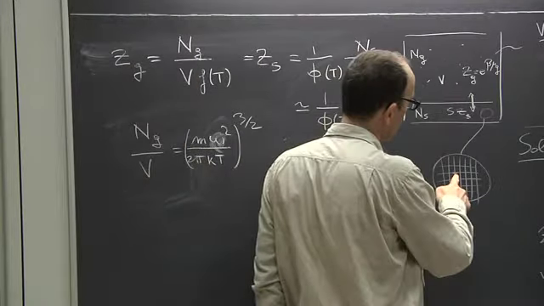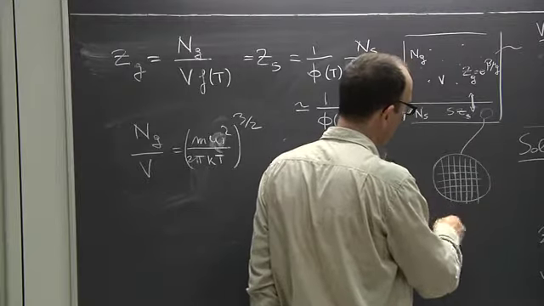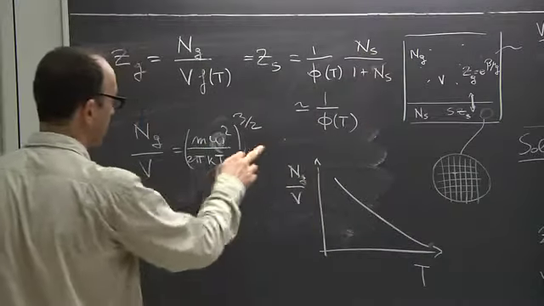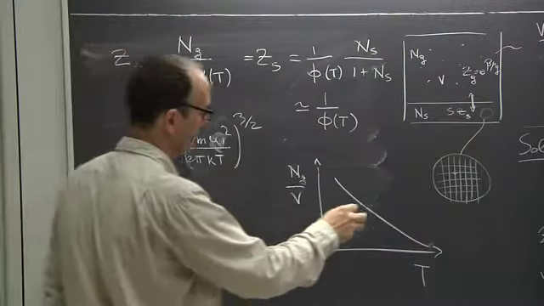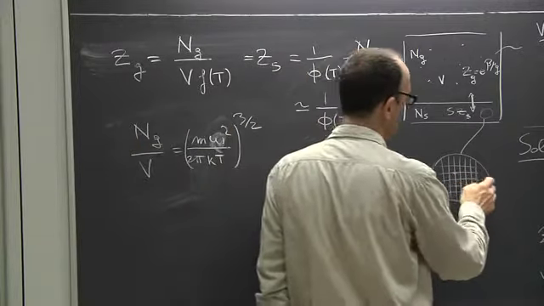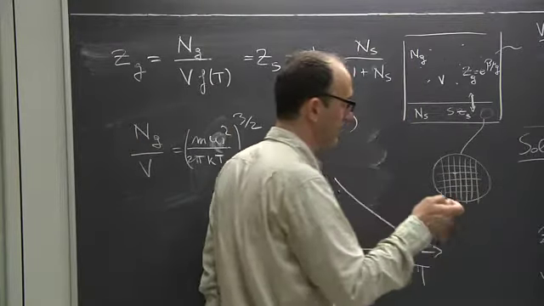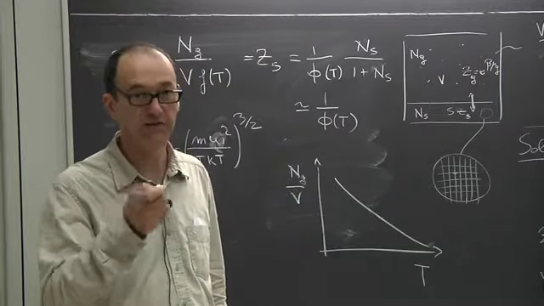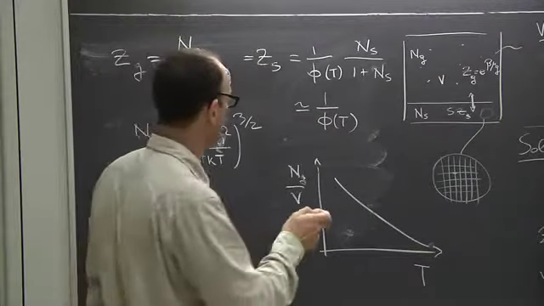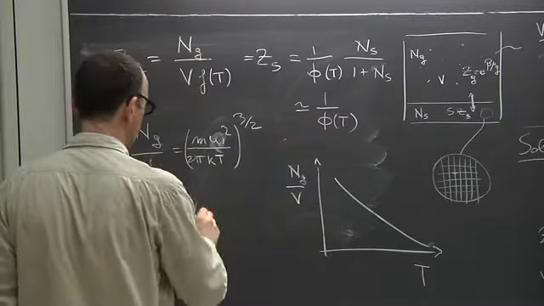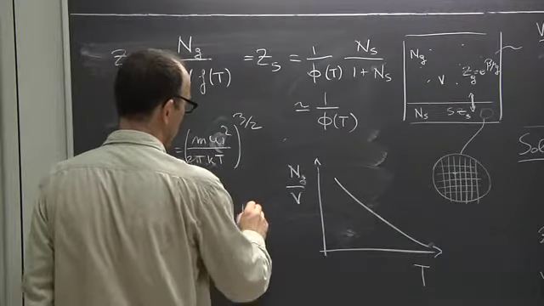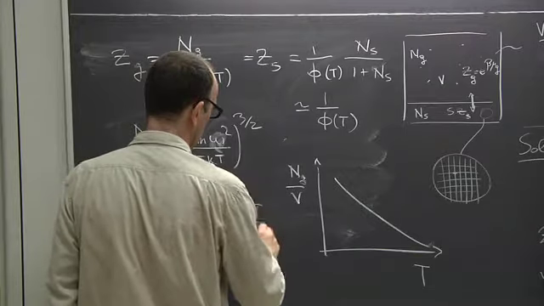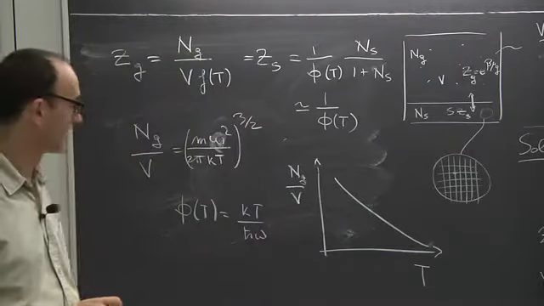Okay, so essentially, what you can imagine is that if we had taken instead of this model a model where the oscillation of one atom were measured by only 1 degree of freedom instead of 3, then this phi of t would have been just kT divided by h bar omega. Okay.